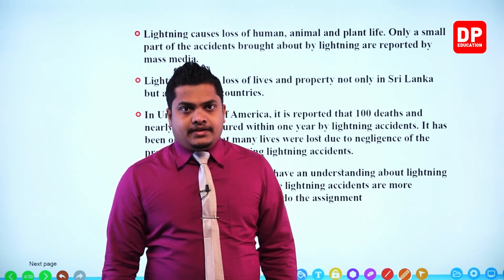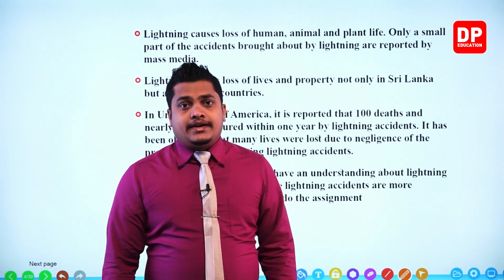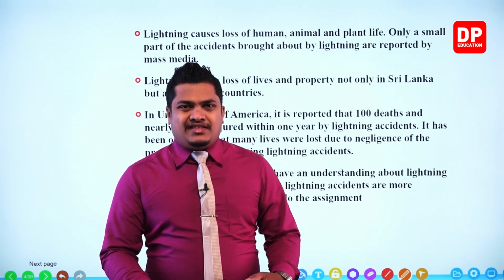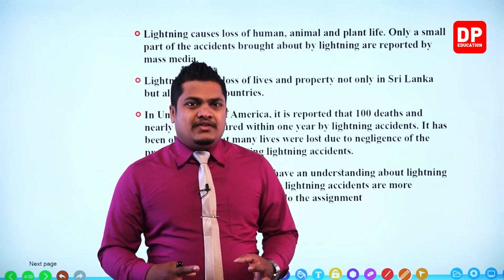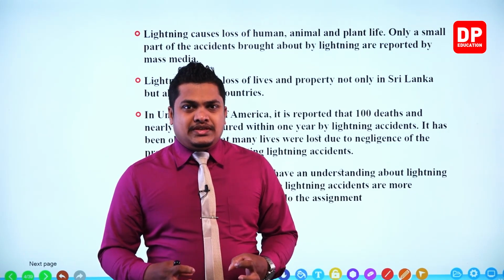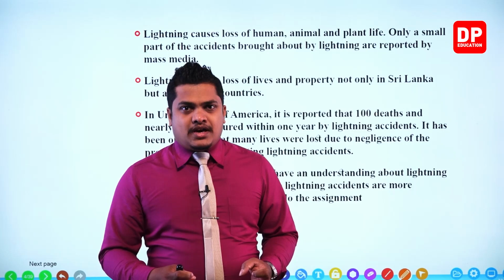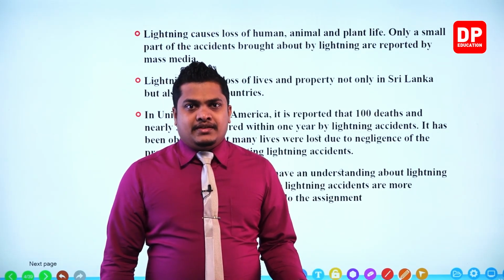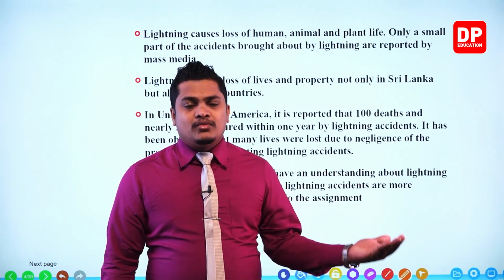However, we won't be able to hear about those things quite often in mass media. If the accident is not that heavy, then those things are not reaching mass media.